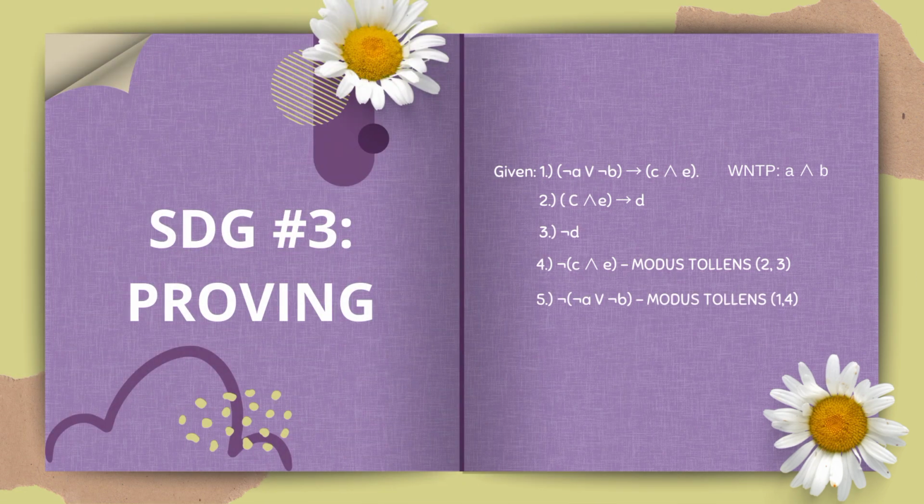Number 5 is the negation of A or negation of B, which is obtained by modus tollens of 1 and 4. Lastly, number 6, we prove A and B, which is obtained by De Morgan's on number 5.